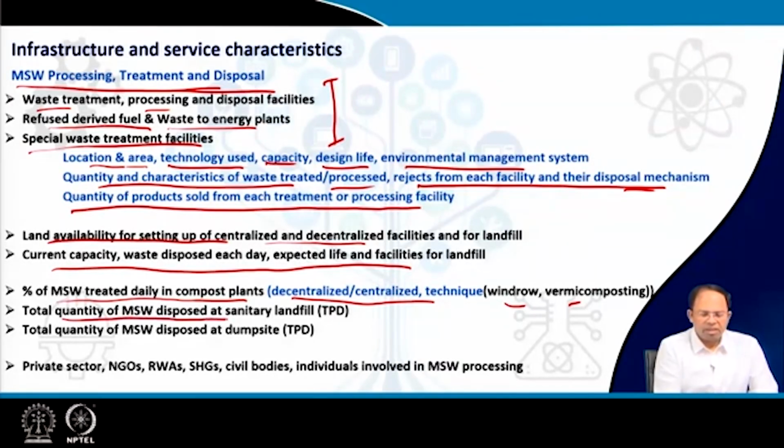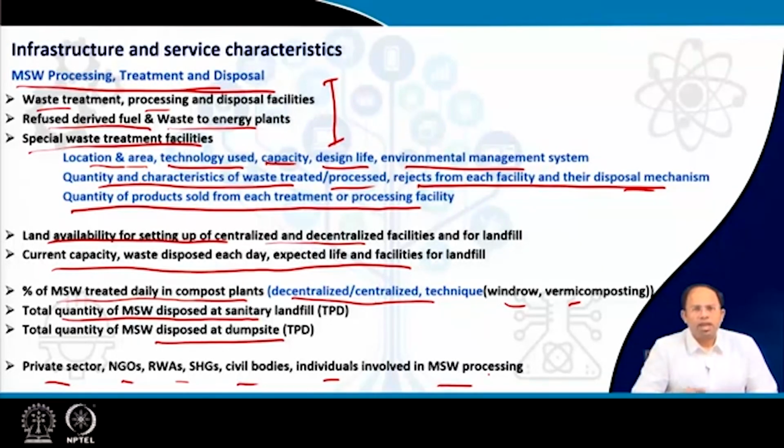Total quantity of MSW disposed in sanitary landfill and in non-sanitary landfill or dump sites. Then involvement of private sector, NGOs, RWAs, SHGs, civil bodies, individuals in the MSW process for the entire provision of this processing, treatment and disposal. So this is the huge data that has to be collected for first preparing the baseline.